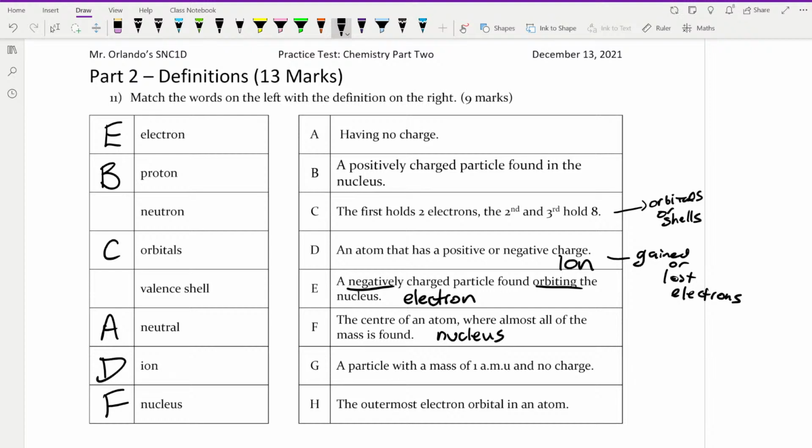A particle with a mass of 1 AMU, so that's either a proton or a neutron. And since there is no charge, it can't be the proton, so it's got to be the neutron. That's G. And the outermost orbit, well, we're down to just this one left, but that is indeed the valence shell.